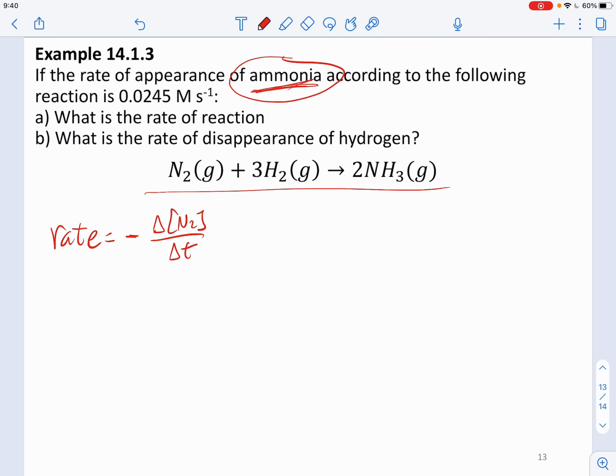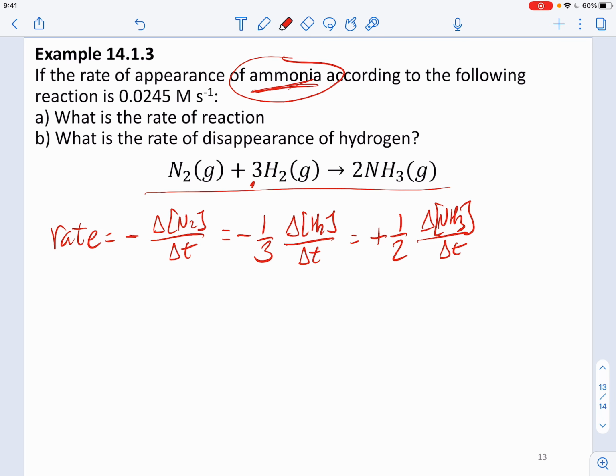over time, it's equal to minus 1/3, because you have a 3 in front of the hydrogen, delta concentration of hydrogen over time, and that has to be equal to plus 1/2 delta concentration of ammonia over time.